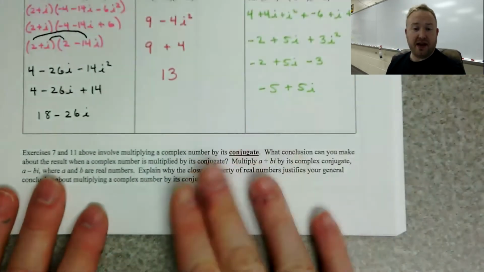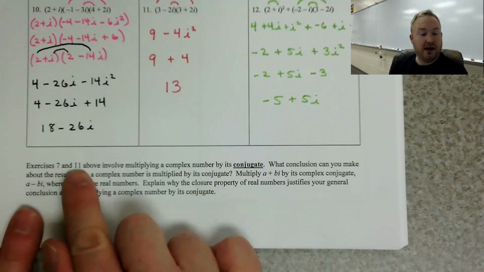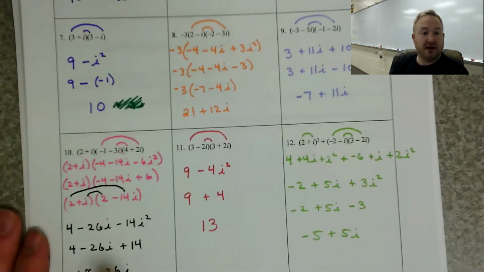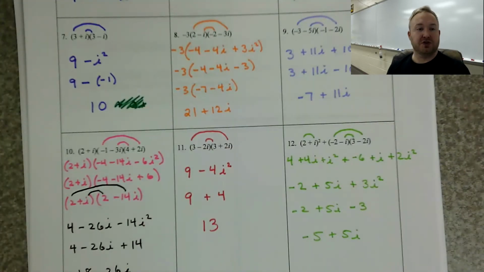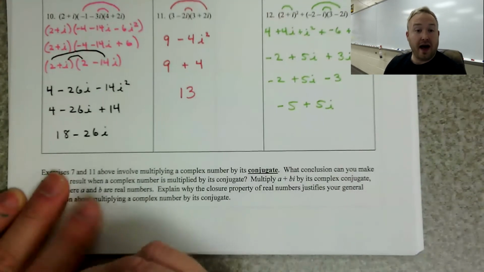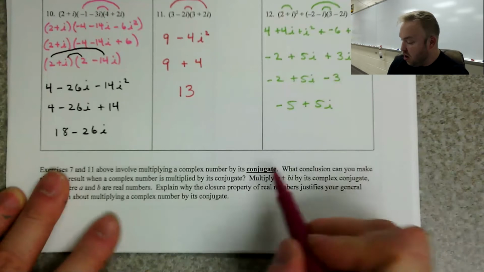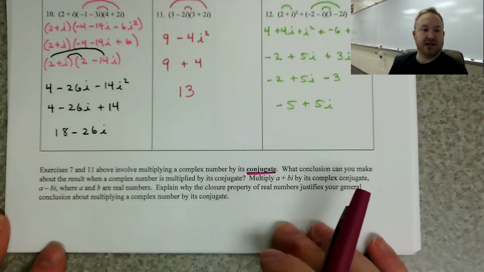At the bottom of the page here, it discusses that situation that we saw in exercises 7 and 11 where we had a difference of squares, meaning the two binomials were the same except for that center sign. Numbers like this, when they are complex numbers, are called complex conjugates.